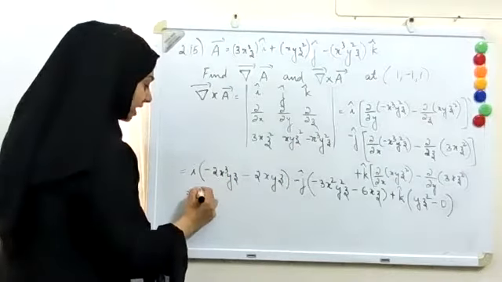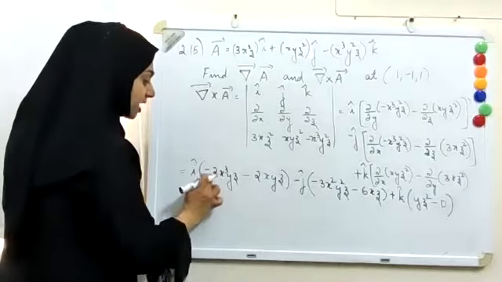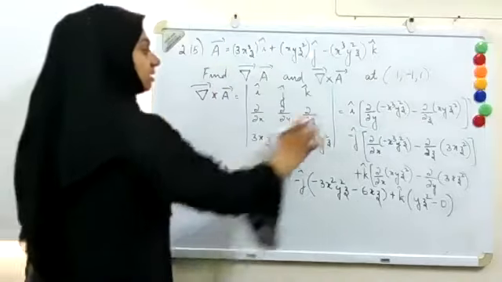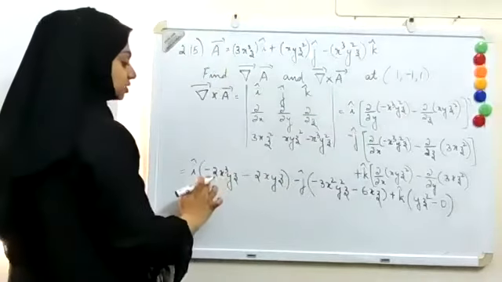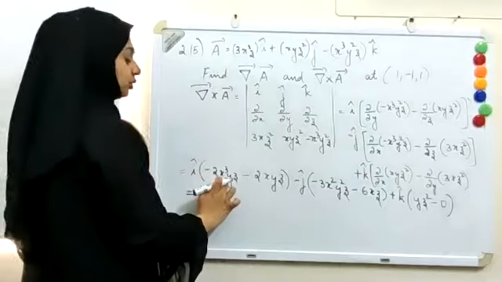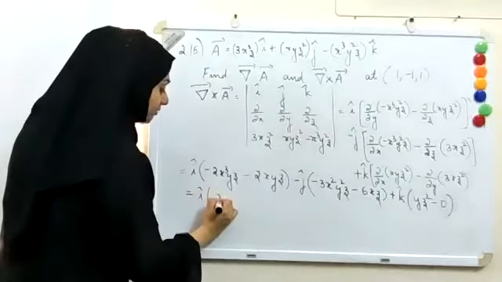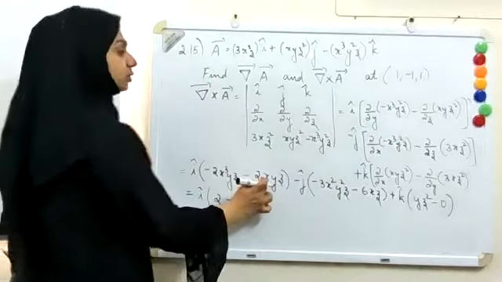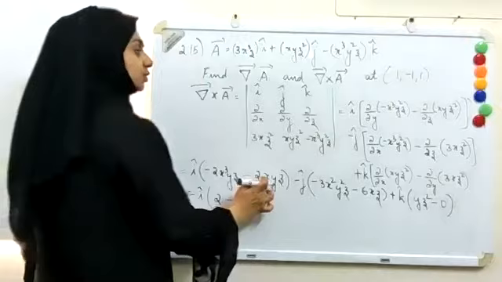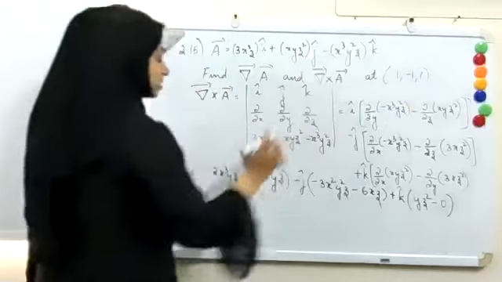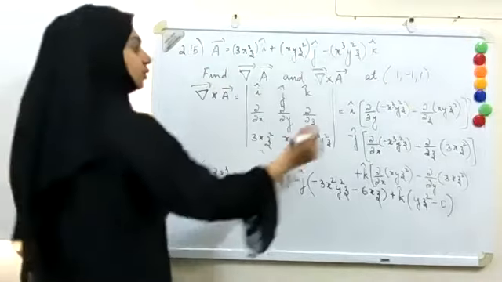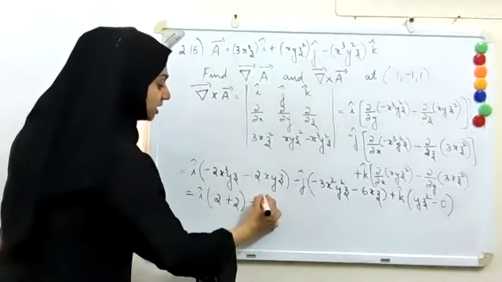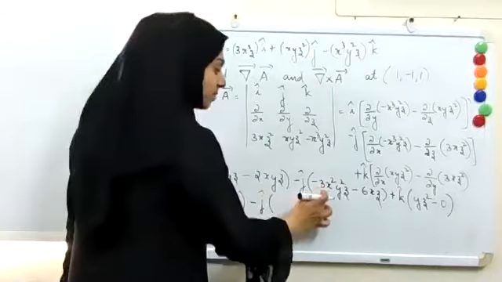So I have i cap times minus 2 into 1 cube is 1, into minus 1, minus 2 into minus 1 is 2, into 1. So plus 2, minus j cap times minus 3.